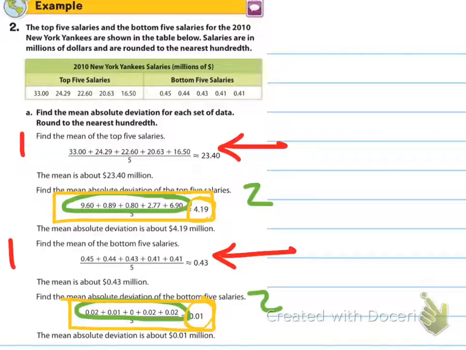So you notice that the mean absolute deviation for the big hitters here, the big guys, the big guns, is over $4 million. That's the average difference between the mean of these guys and the values of the actual incomes that they're getting. Whereas with the guys on the low end of the scale, theirs is just 0.1.